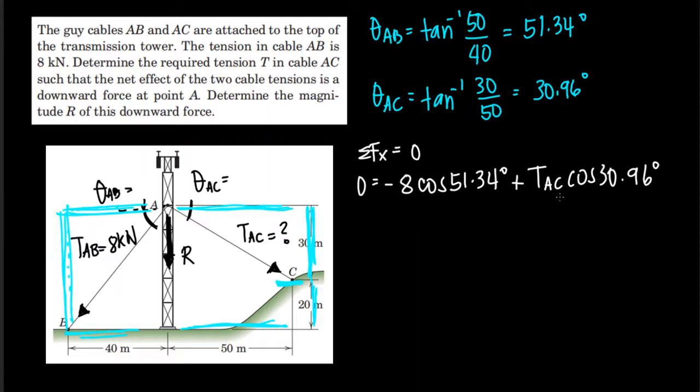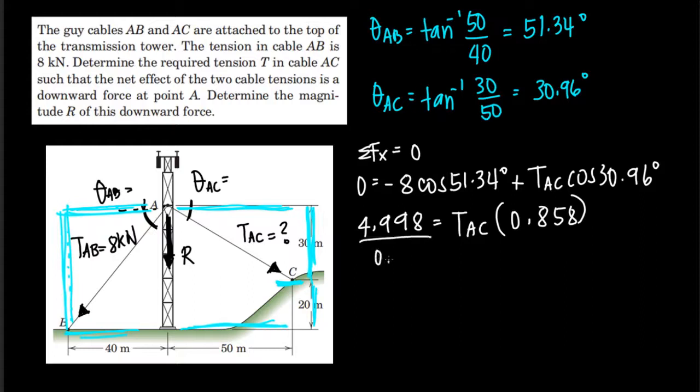There's no need to use elimination and substitution as earlier. You should find that 8 cosine 51.34 is equal to 4.997 or 4.998. It is negative on this side, so I'm going to transpose. That becomes 4.998 positive equals TAC cosine 30.96, which is 0.858.